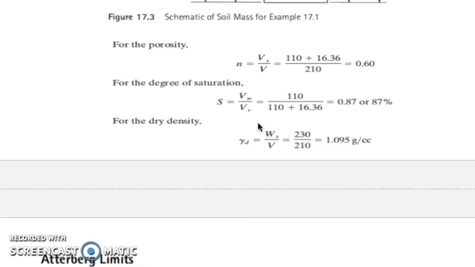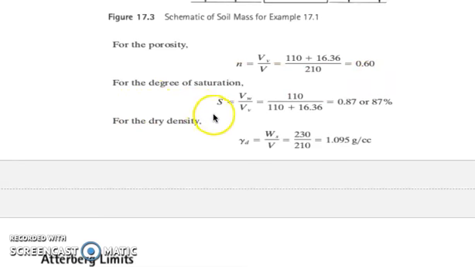Actually, this is the volume of the water plus the volume of the air over the total volume. So we get a porosity equal to 0.60.